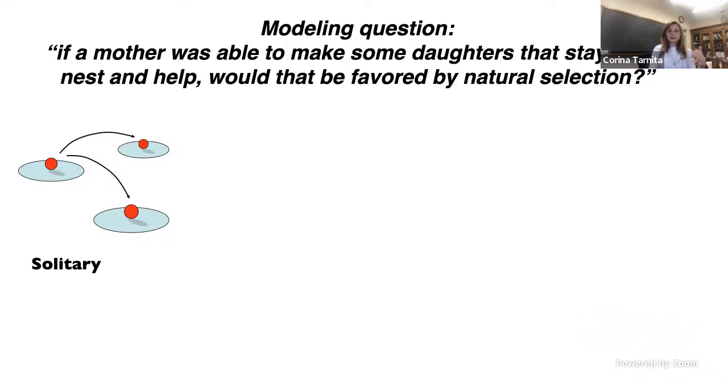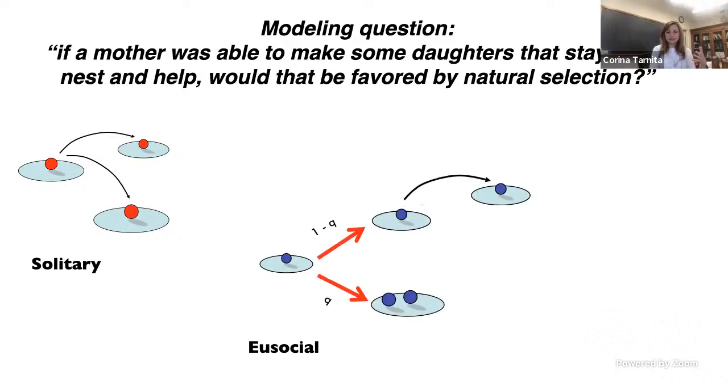And we thought about a very simple eusocial one, so something might have happened that now allows this mother to make some daughters that stay at the nest. It's a very, very simple setup, but basically a fraction q of the daughters stay at the nest and a fraction 1 minus q go away.